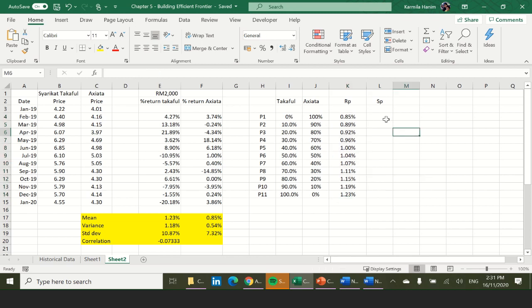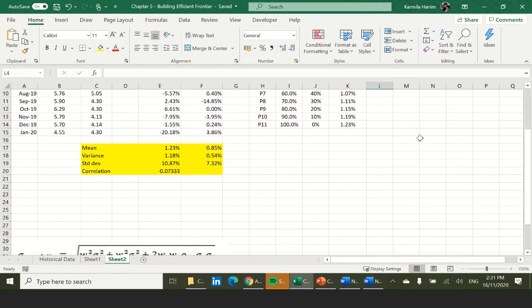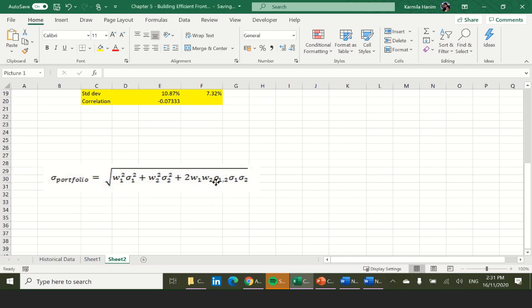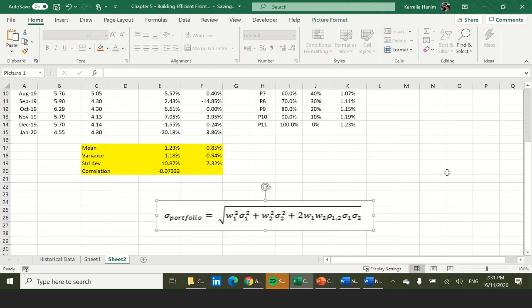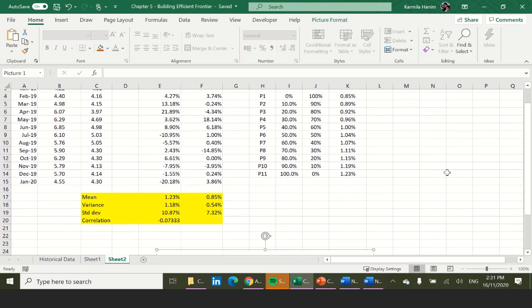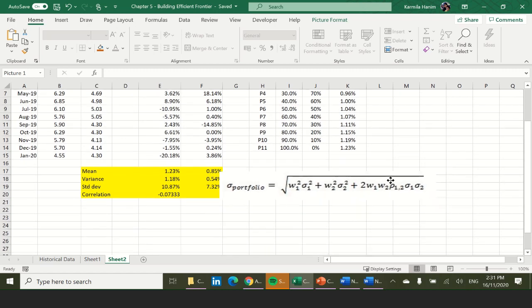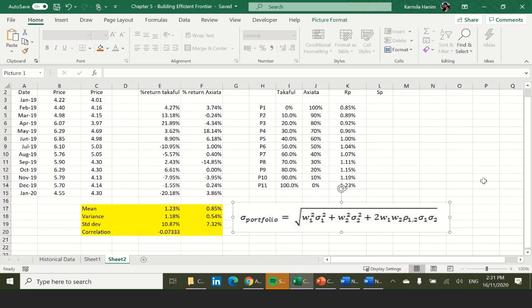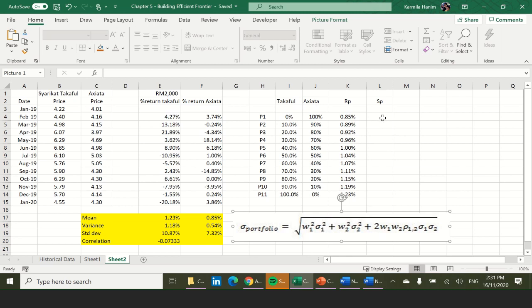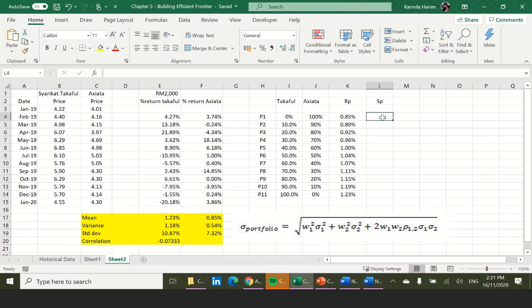Okay, now you have to find the portfolio standard deviation for each of these portfolios. Okay, this is the formula for portfolio standard deviation in case you forget. So we follow one by one.